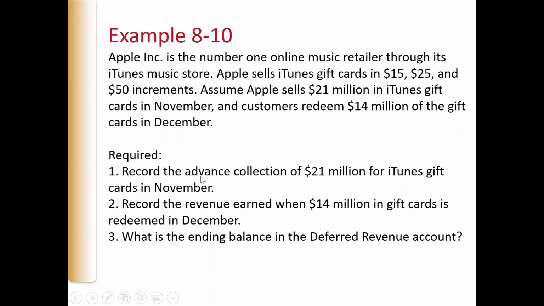We're going to show the advanced collection of 21 million in iTunes gift cards for November. And then we're going to show the revenue earned in December when 14 million of those gift cards get redeemed. And we're going to look at what the ending balance is in the deferred revenue account.